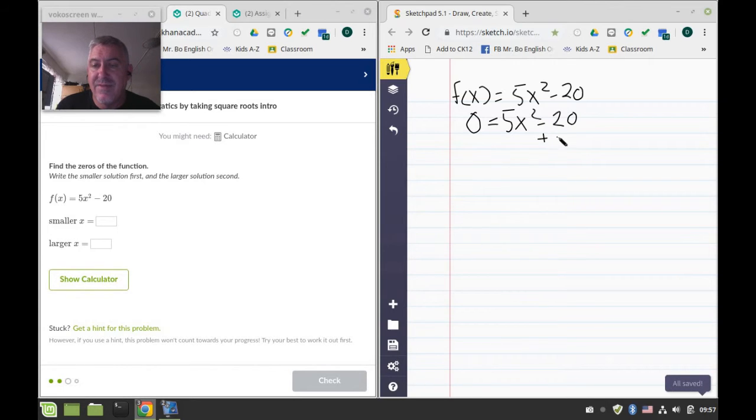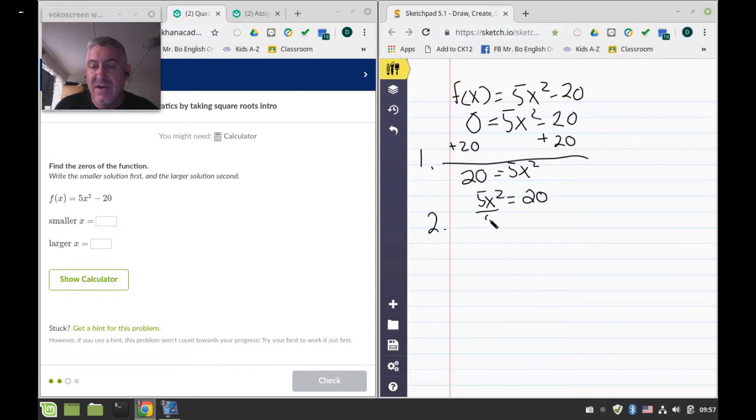My first step, I'm going to add 20 on both sides, and so I'm going to have 20 is equal to 5x squared. I'm going to change that around and write 5x squared is equal to 20. So that's step 1. Step 2 is divide both sides by 5. And now I've got x squared is equal to 4.